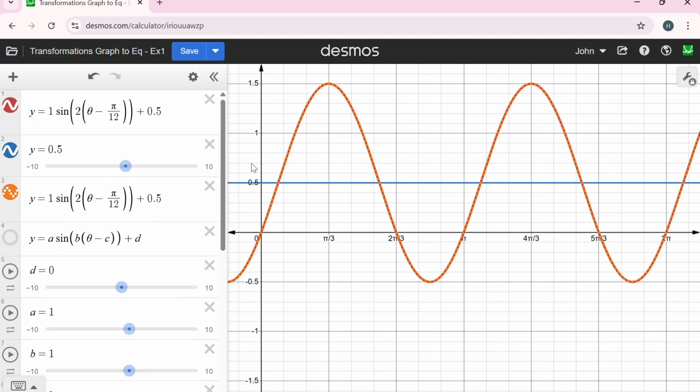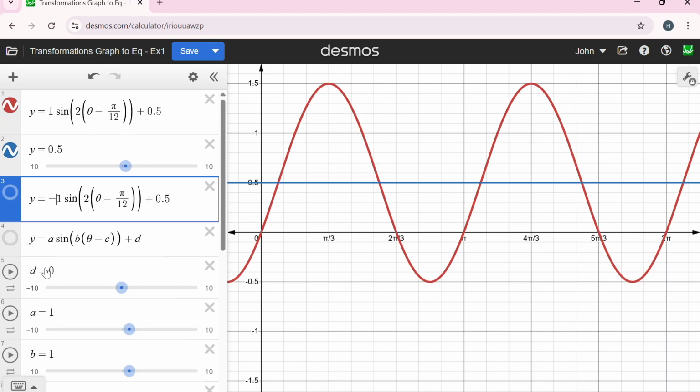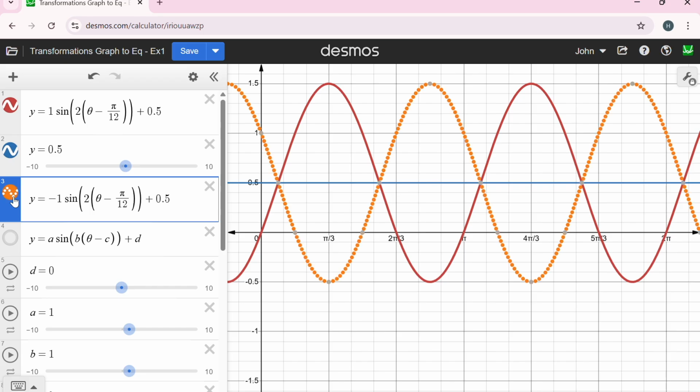Okay, all right, folks. So here's my original graph that I started with in my example. Now, when I reflect it, I'm going to make the a value equal to -1. So what that looks like is exactly what we'd expect.